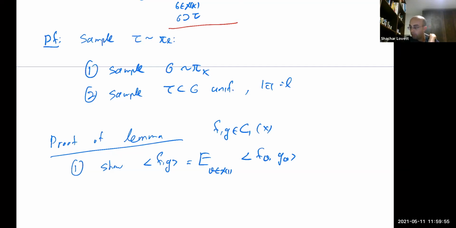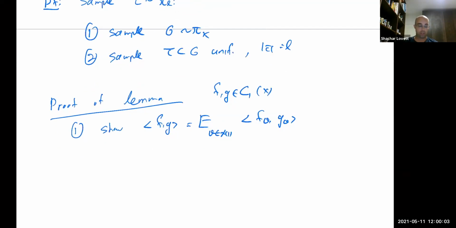So let's try to express this quantity, the right-hand side. Let's just try to expand everything and see what we get. So the right-hand side, let me just copy it again, is the expectation over V in X1 of the inner product of FV and GV. So let's just write what this is.